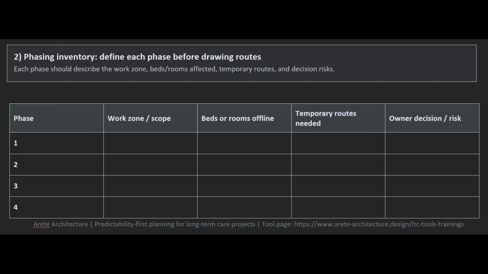Finally, write the owner decision or risk that's tied to that phase. This matters because a phase is not just a construction zone. It is a temporary operating model. If you can't explain how the facility operates during the phase, it isn't ready.